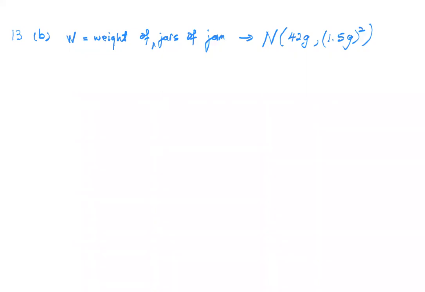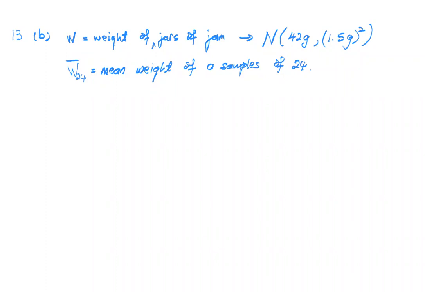Now they say the gems are sold in the jars of 24. So W24 with the bar on top. That means this variable is the mean weight of samples of 24.